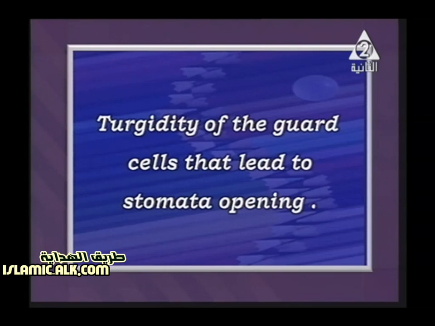I have here a nice video to teach you what stomata opening and closing mean. On the lower surface of any leaf, we have very tiny pores, shown in the picture in the video.